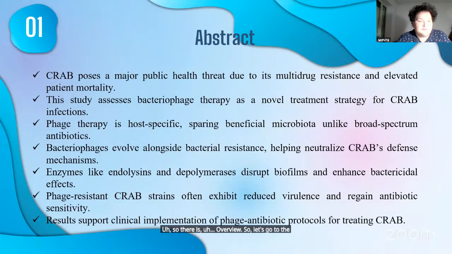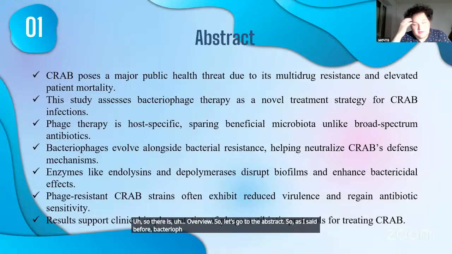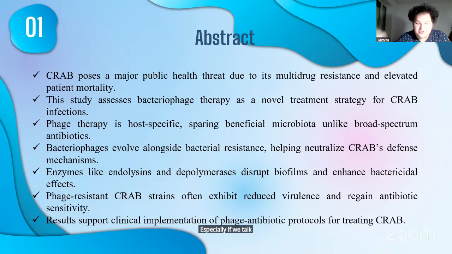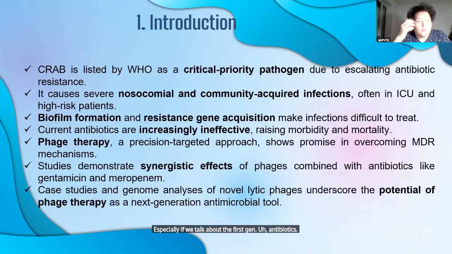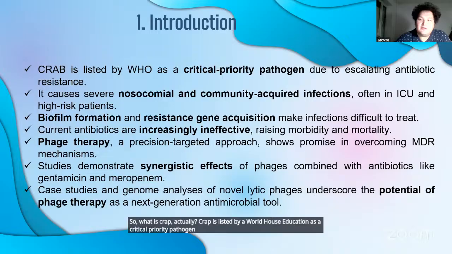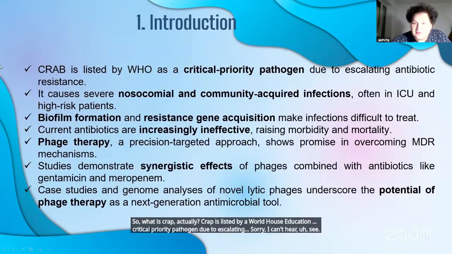As I said before, bacteriophages are actually a second chance if we don't have effective antibiotics, especially first-generation antibiotics. So what is CRAB actually? CRAB is listed by the World Health Organization as a critical priority pathogen due to escalating antibiotic resistance.